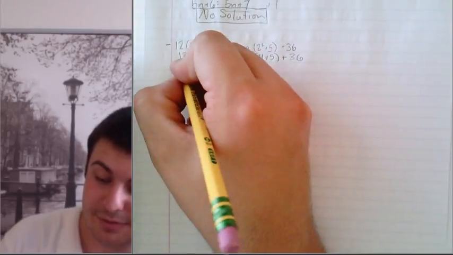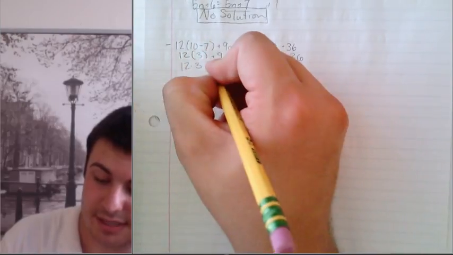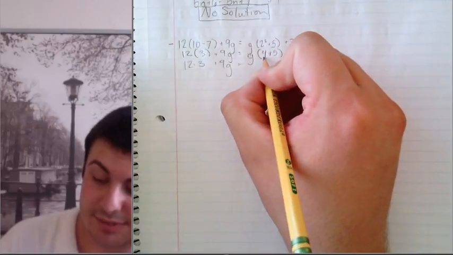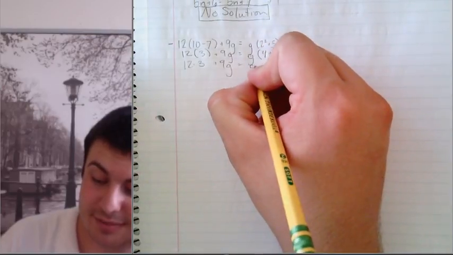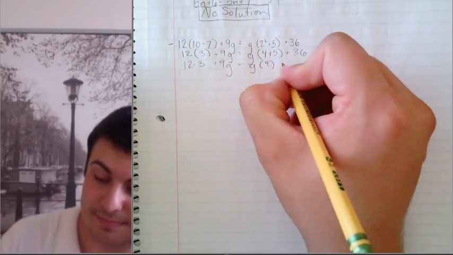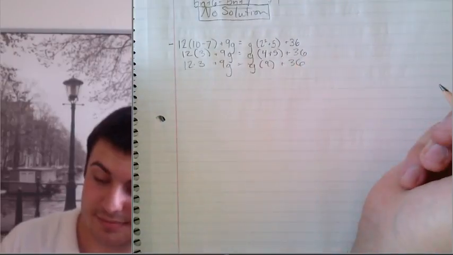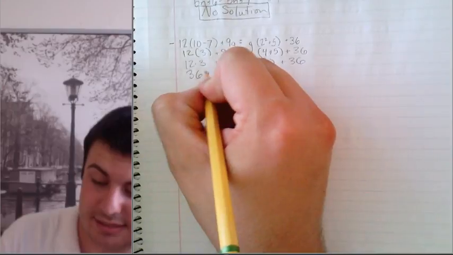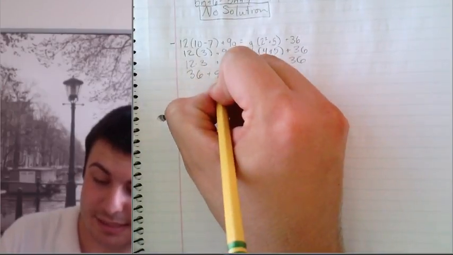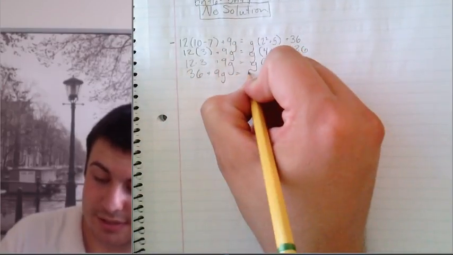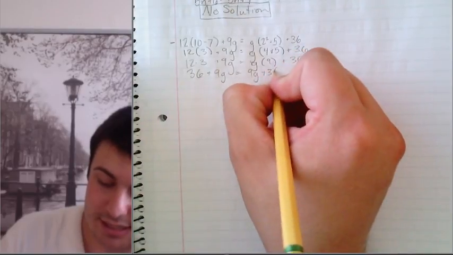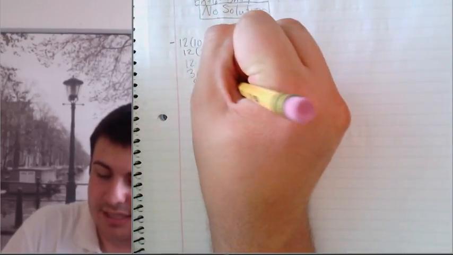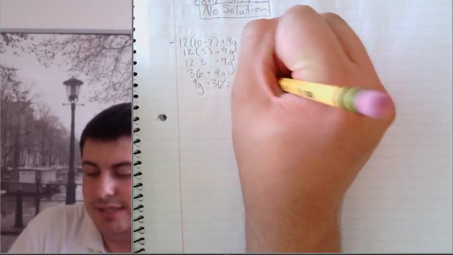We still have a group over here, so we still have 12 times 3, plus 9g, equals, let's see, g times the group 4 plus 5, so that's going to be g times 9, plus 36. Let's do this multiplication. 12 times 3 is 36, plus 9g, equals 9g plus 36.